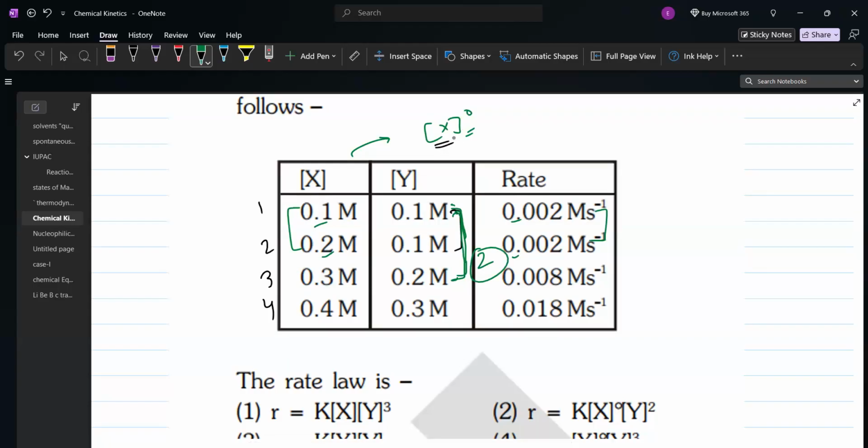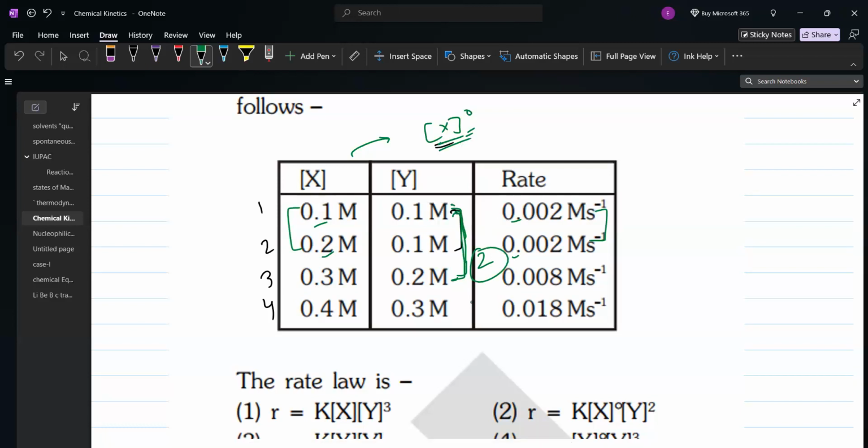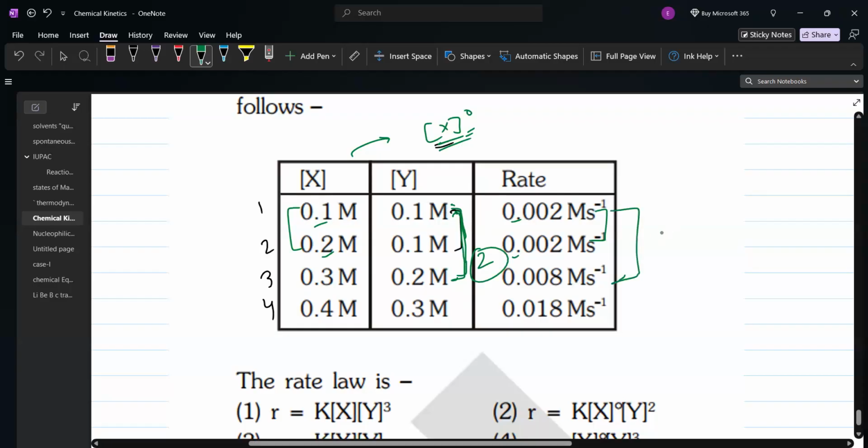Does it matter? No, it doesn't matter, right? Yes, sir. So we are just leaving it. The concentration of Y has been doubled and the rate of reaction has been quadrupled, meaning it has been multiplied by 4 times, right? Yes, sir. So what should be the order of reaction with respect to Y?